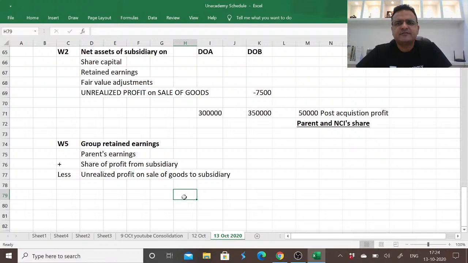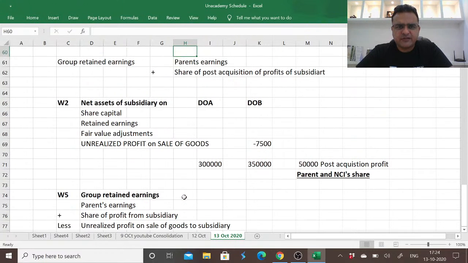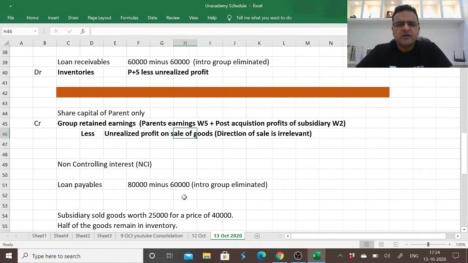If that's the case, then whether we eliminate it in working note number 5 or whether we eliminate it on the face of the balance sheet, it doesn't make any difference. When parent sells goods to subsidiary, we eliminate it directly from group retained earnings on the face of the balance sheet, or we eliminate it in working note number 5, it does not make any difference, because we are eliminating it directly from group retained earnings, the unrealized profit on sale of goods by parent to subsidiary. When parent sells goods to subsidiary, the unrealized profit is in working note number 5.